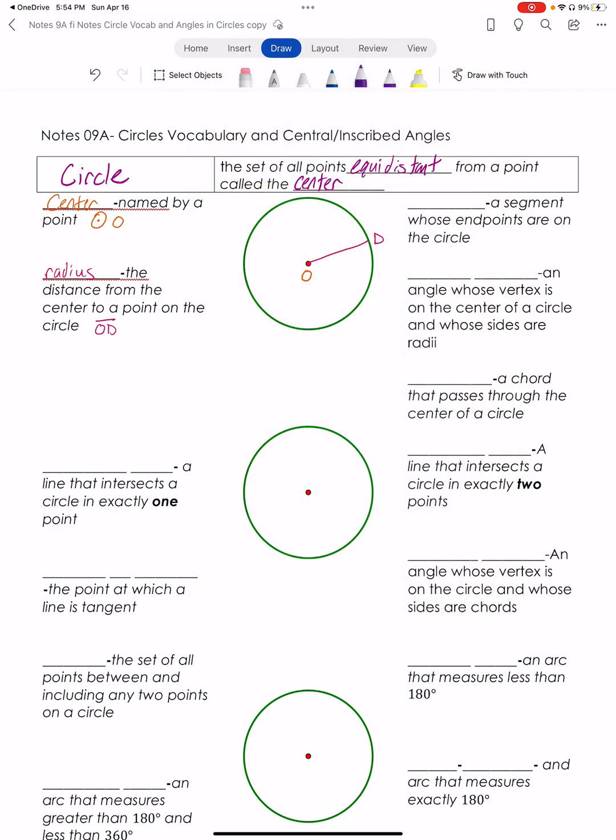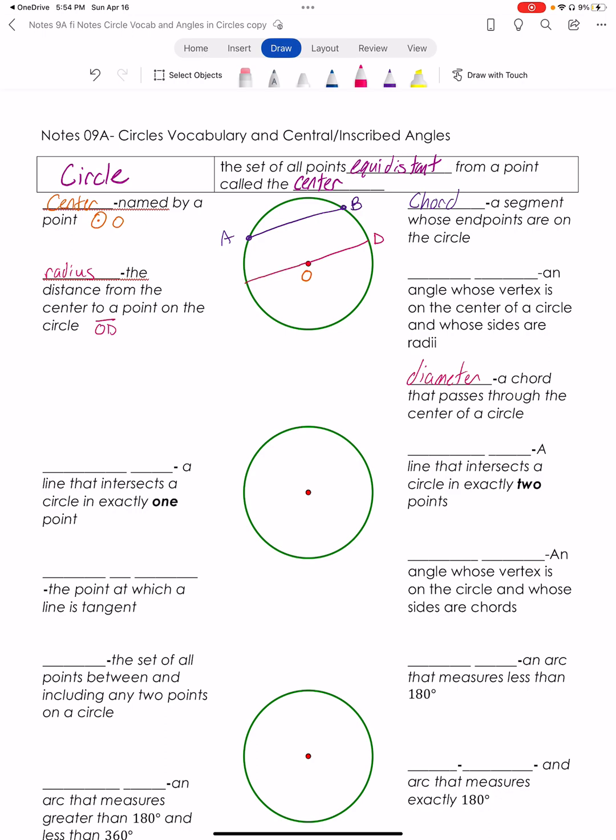A segment whose endpoints are on the circle is a chord. So any segment whose endpoints are on the circle is a chord. A chord that passes through the center of a circle is called the diameter.